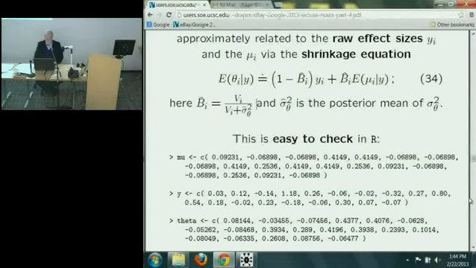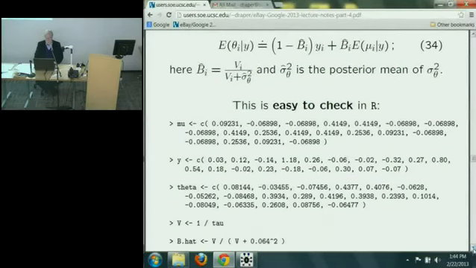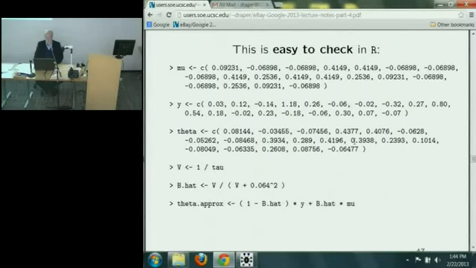And so I wrote a little bit of code in R. I read in the posterior means for the mu's as a vector called mu. I read in the raw data values in a vector called y, and I read in the posterior means for the theta vector and put it in a vector called theta. V was equal to 1 over tau, and I had previously defined tau as a vector of those quantities that we had before in the WinBUGS data file.